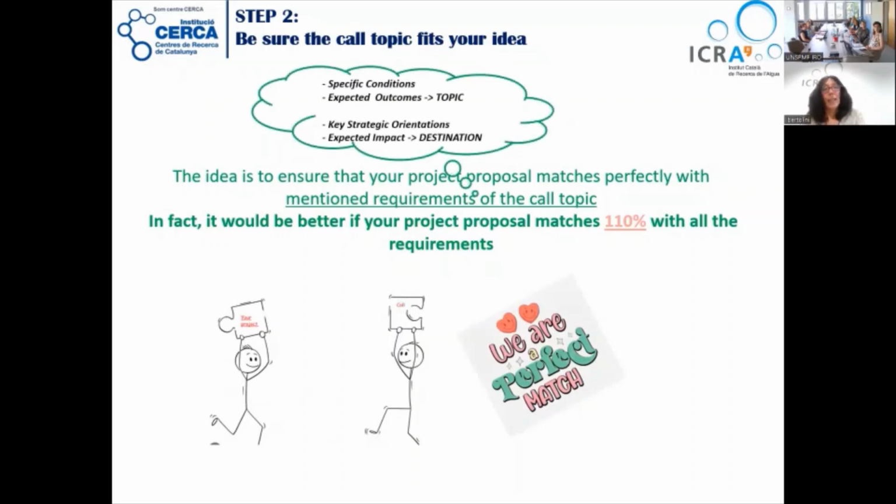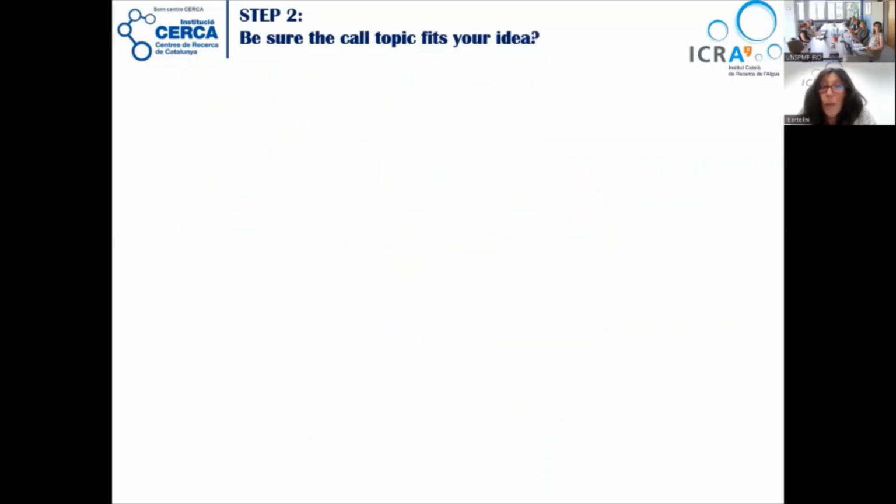This perfect match should be especially with the specific condition, the expected outcomes under the topic, the key strategic orientation, and expected impact under destination. Right, so here there is a question mark.